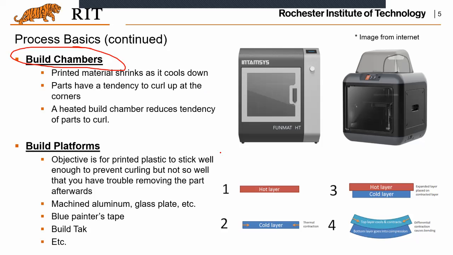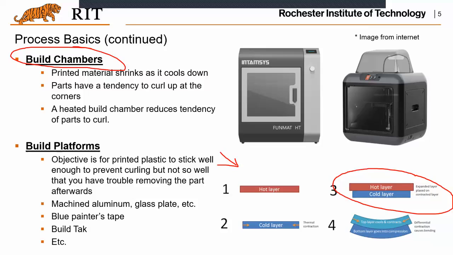So let's look at this illustration figure. All right, we have one hot layer, right? That's the one we are depositing, and usually this hot layer will be deposited onto a cold layer, which was deposited previously. As you can see here, this is what you have currently.